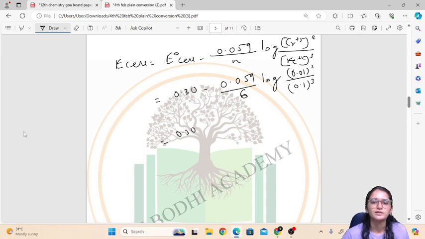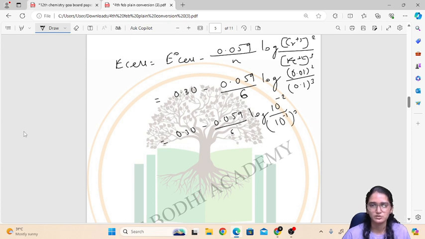So 0.30 minus 0.059 by 6 log of 0.01 raised to 2 over 0.1 raised to 3. We can write 0.01 as 10 raised to minus 2, and 0.1 as 10 raised to minus 1.